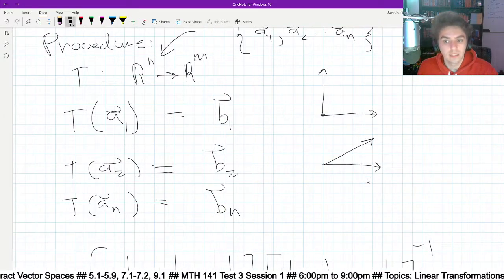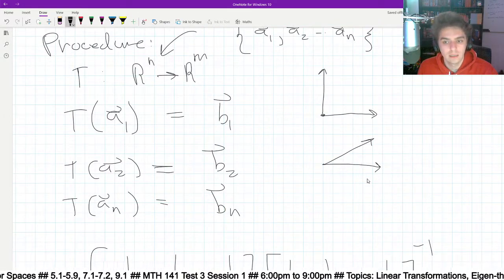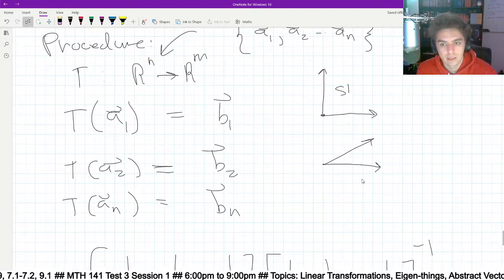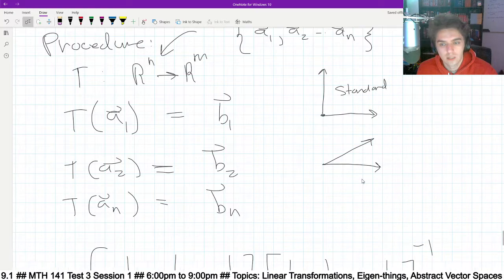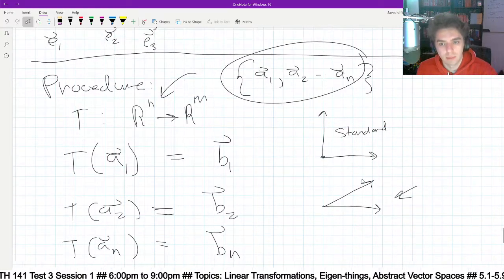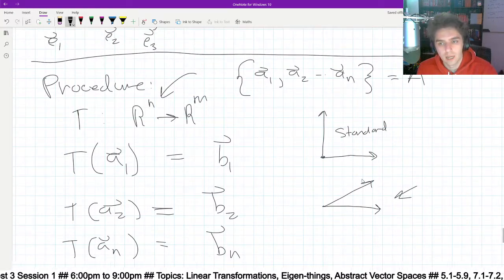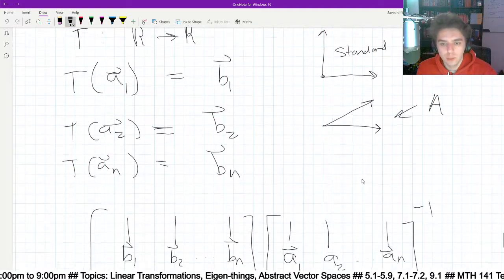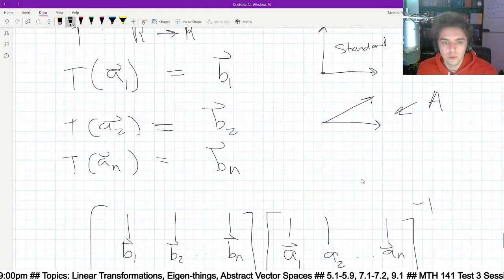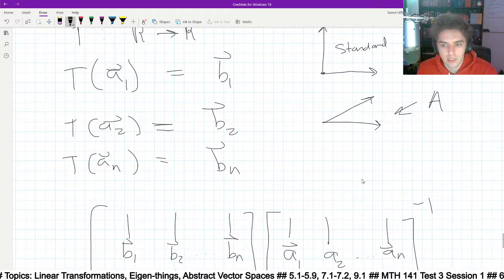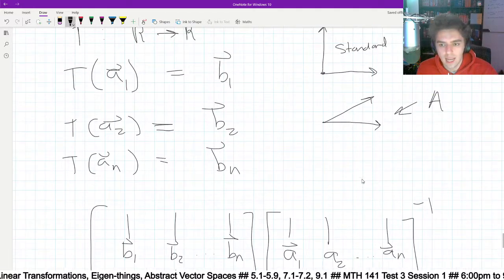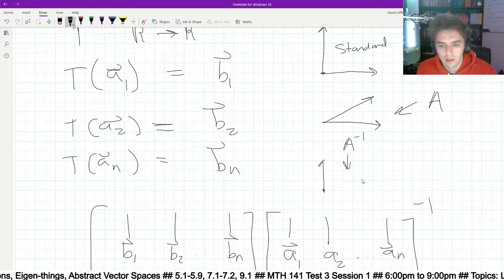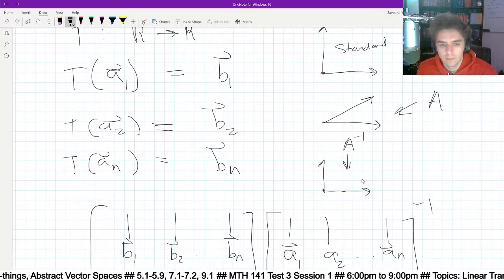It's still a basis for Rn, just a different one. This would be an example of this setup, let's call that big A. So what you want to do first is undo this transformation. That's what A inverse does, so applying A inverse to this gets us back our standard vectors.